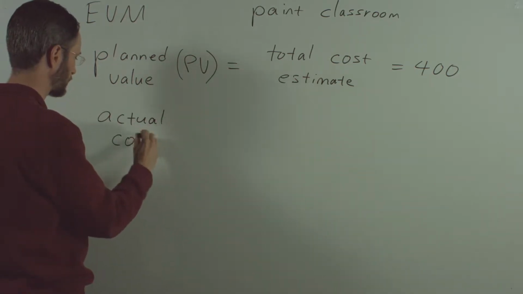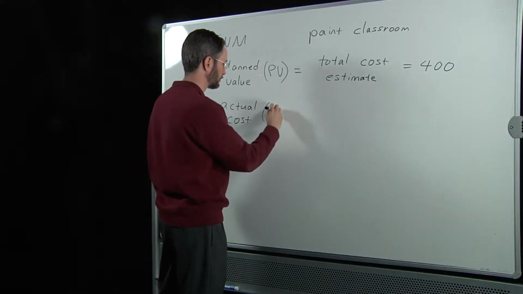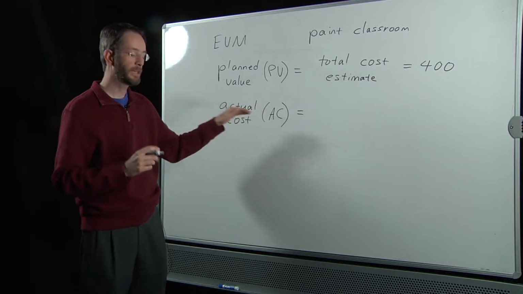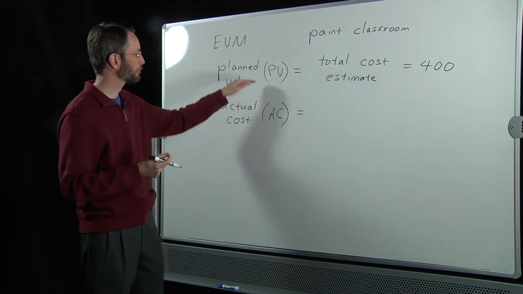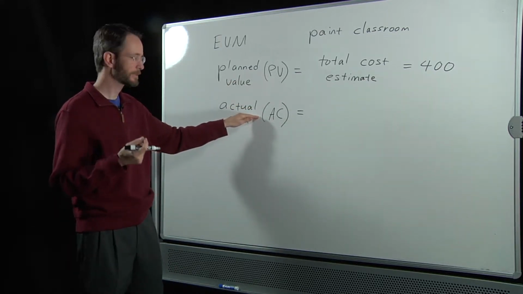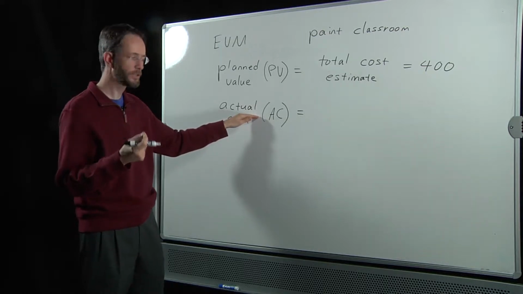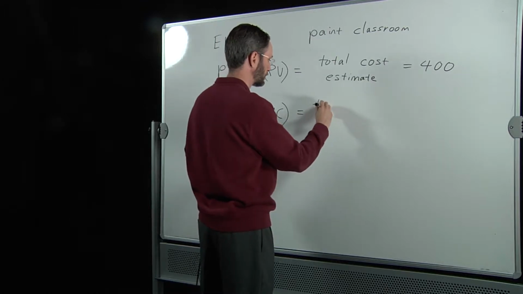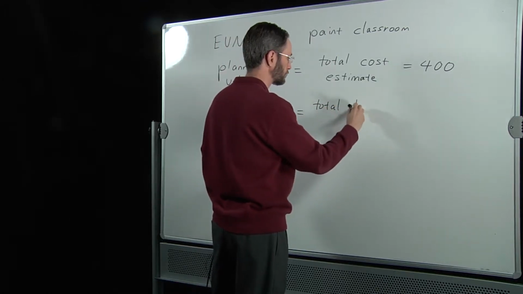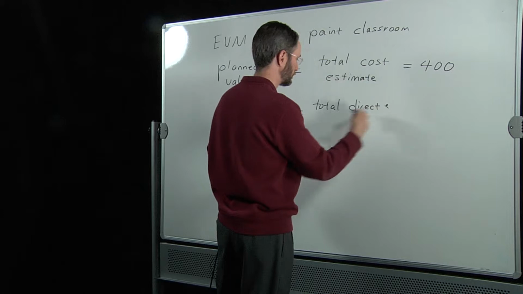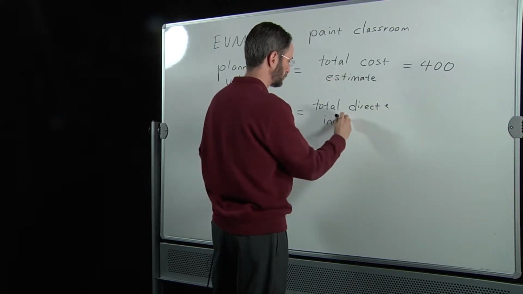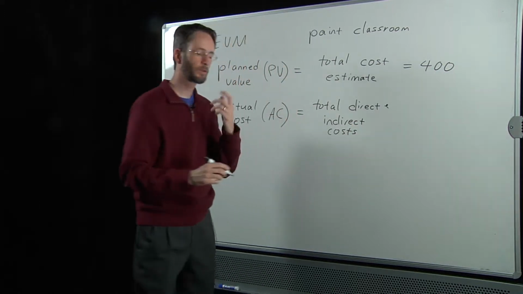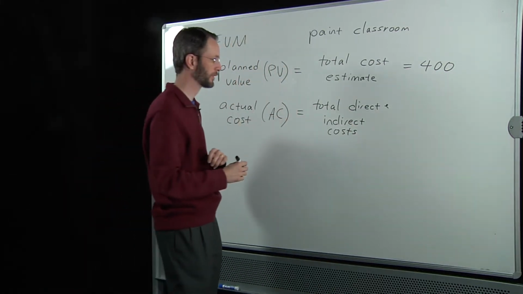Our second number is actual cost, or AC. This happens during the execution phase. So after our planning phase, in our executing process, we actually did the work of the project, and this is the total direct and indirect costs incurred during project execution.